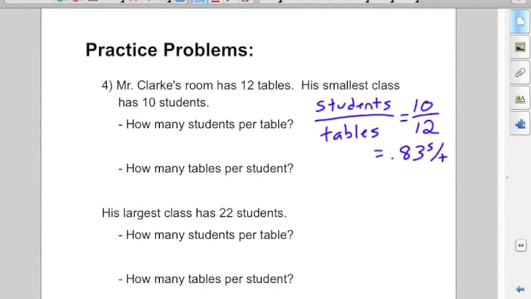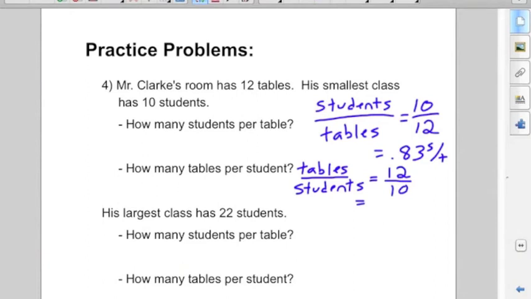How many tables per student? I need to do the opposite. Tables divided by students. So then in that case, it would be 12 tables divided by 10 students.